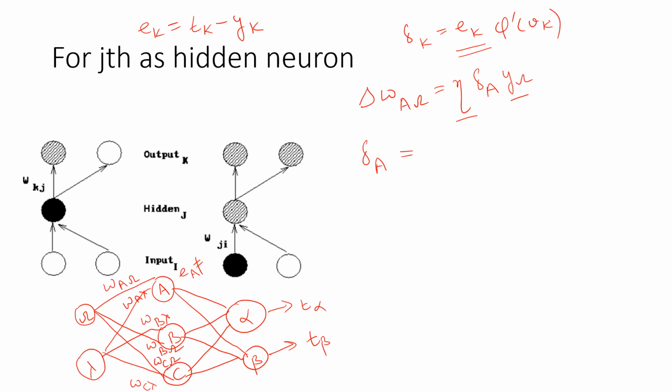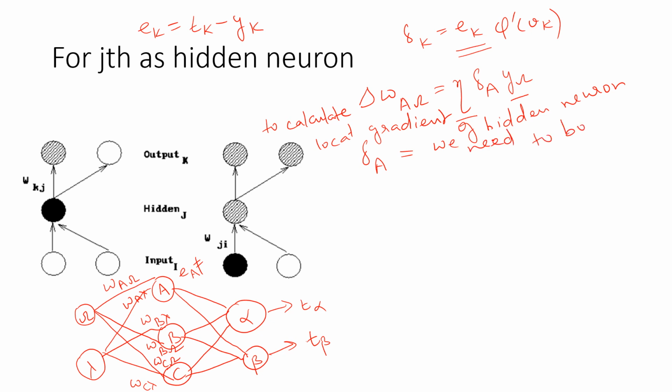So what we need to do is borrow the local gradient. To calculate the local gradient of a hidden neuron, we need to borrow the local gradient of the output neuron.